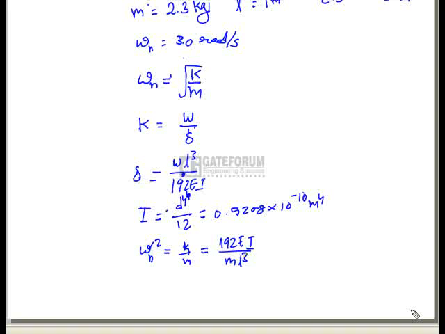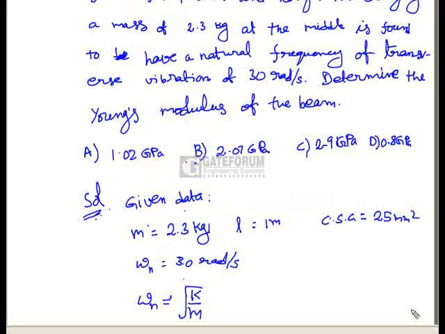So here we can get the Young's modulus, that is E, and by substitution of all values we can get E is equal to 2.07 gigapascal. So this is the answer, and the option is B.